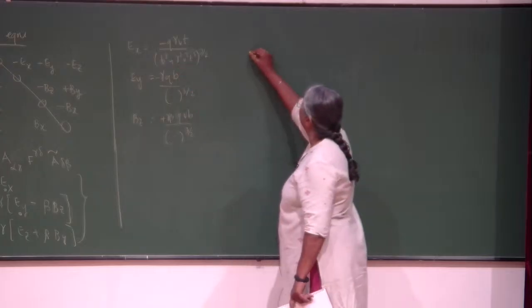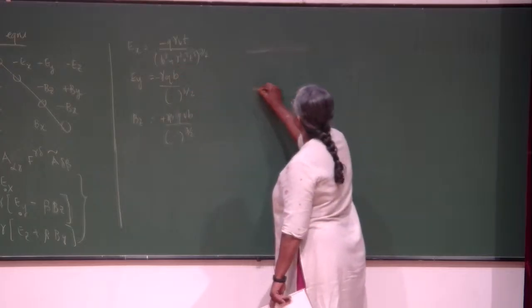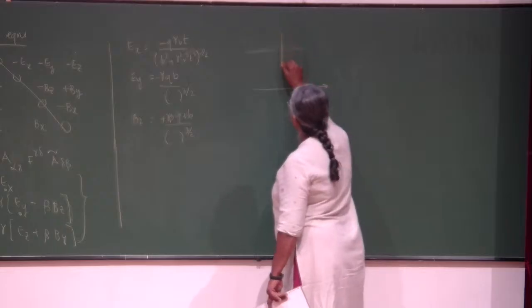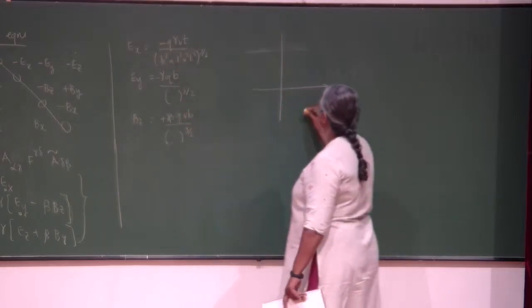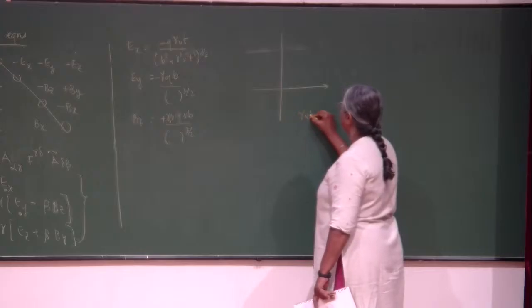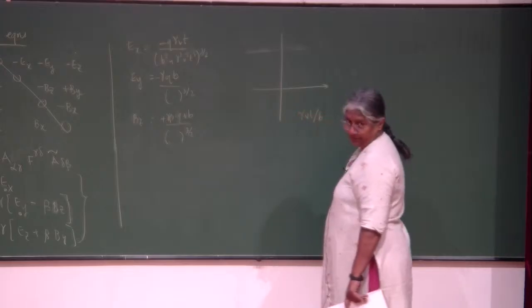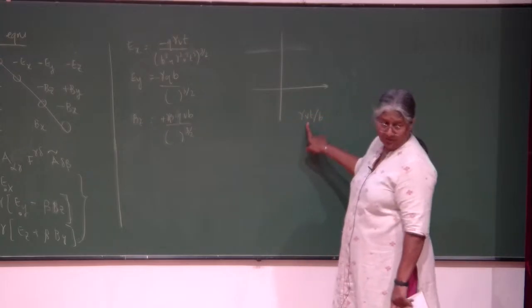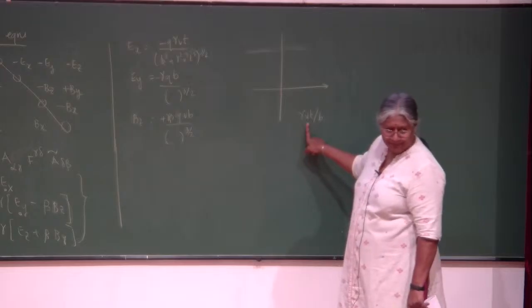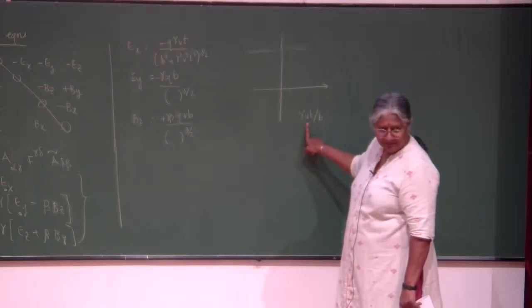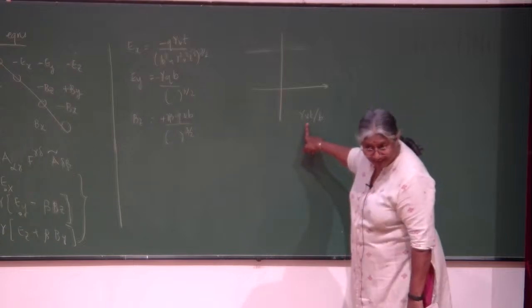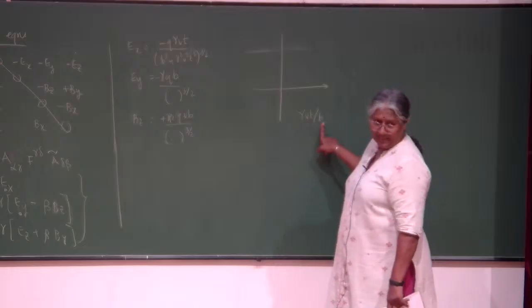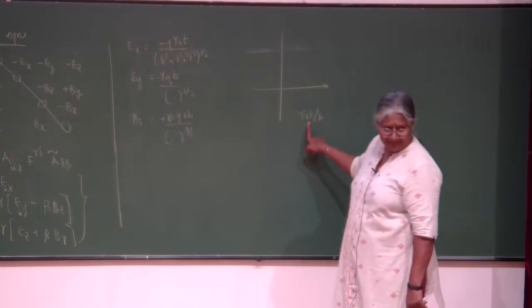So how will it look? Maybe I will draw it bigger. Typically what is plotted is as a function of gamma Vt by B. What are the units of gamma Vt by B? No units, correct, because B was the length in the y direction, Vt is the length in the x direction.